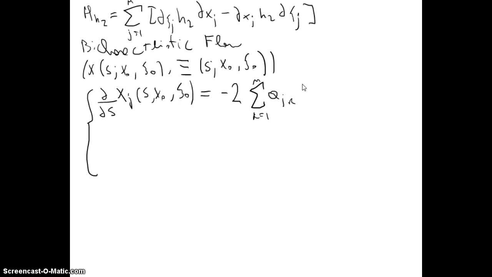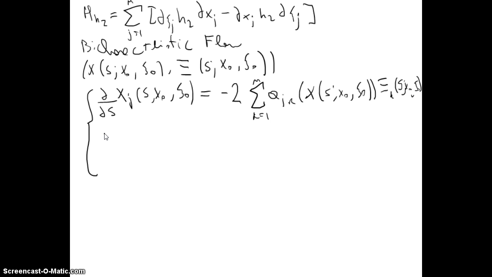of ajk(X(s, x naught, xi naught)) capital Psi k(s, x naught, xi naught).